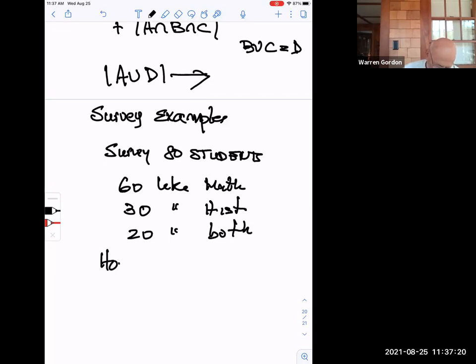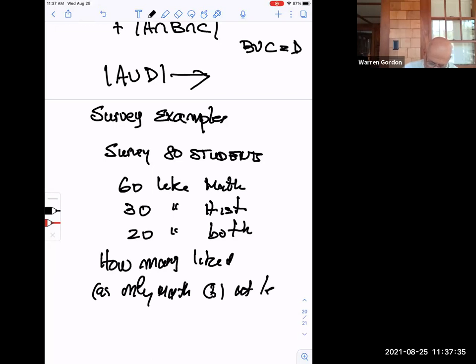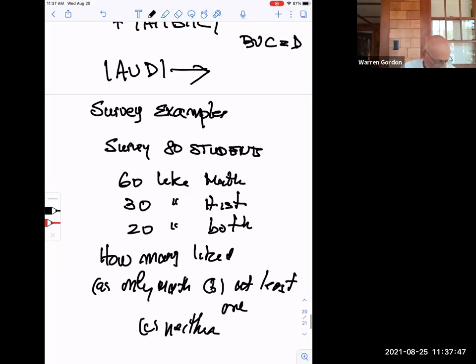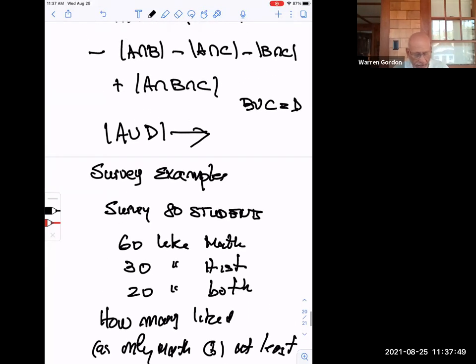How many like A, only math, B, at least one of the courses, and C, neither course. Okay. Again, you don't have to write this down. This is example number 3 on page 16 in the text.